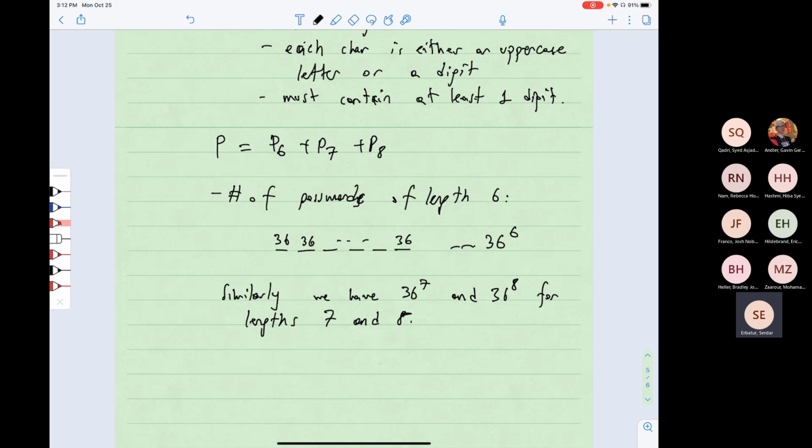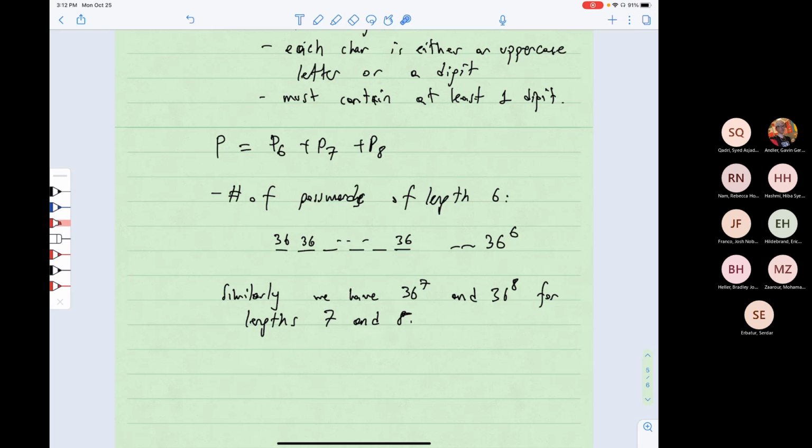But how about I calculate the number of passwords that include no digits? Right, that's easier. I know the number of all possible. Then if I find the number of passwords that include no digit, then do the necessary subtraction, I would get the number that I'm seeking.